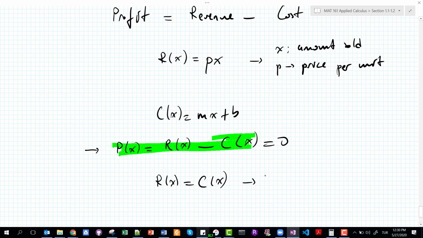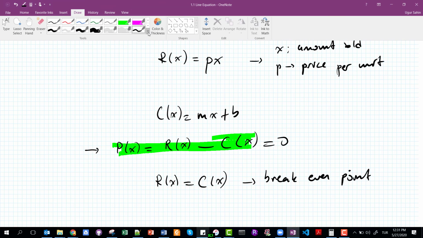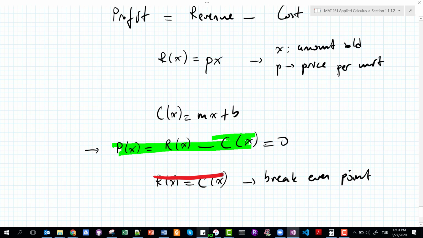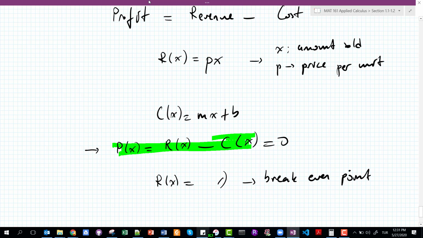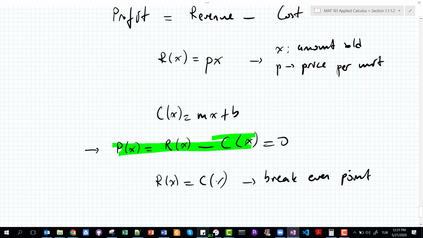This is going to give you your break-even point. So how many units I need to sell at this specific price so that my revenue is equal to my cost function. That didn't look good, so let me fix that part.